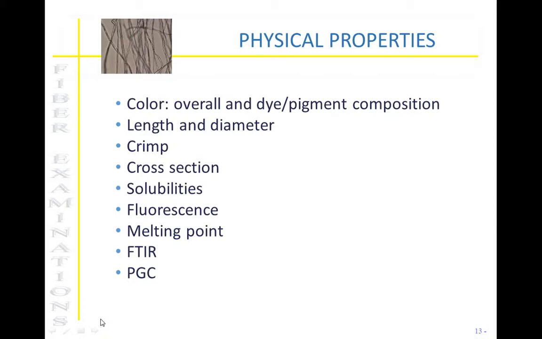The length and the diameter of fibers are also going to be examined and noted, whether or not that fiber has any crimp to it along the length of the fiber. Once again, the cross-sectional shape can give a lot of information about the fiber itself and also the solubilities of that fiber. Some fibers will fluoresce.